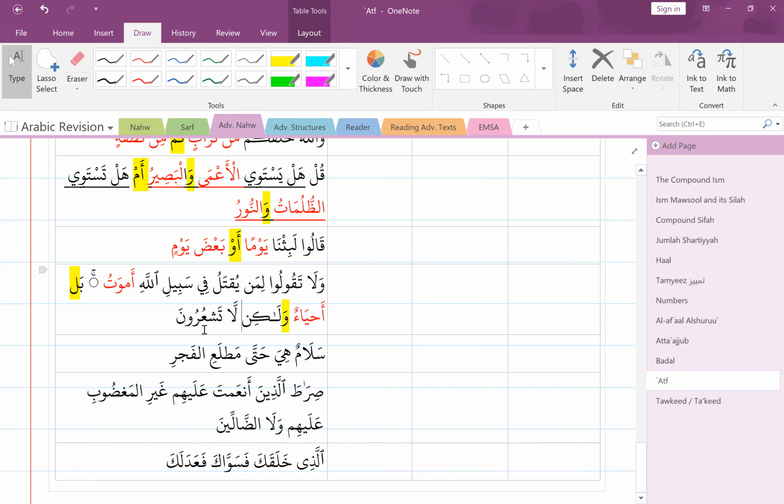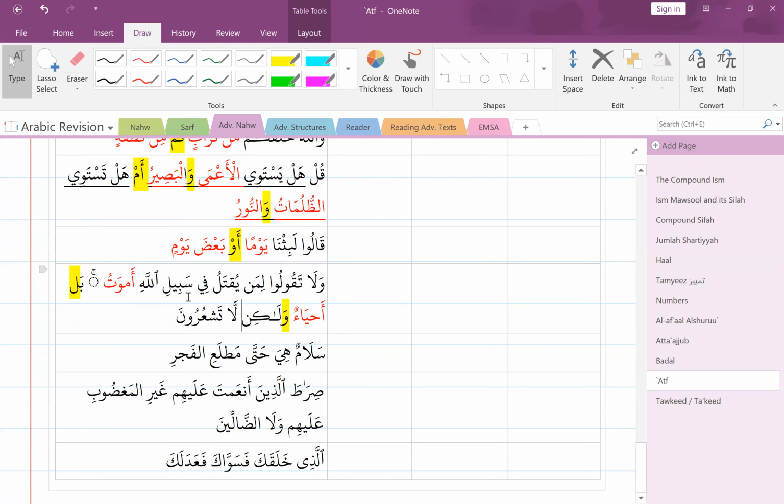Like lakinna is harf nasab, but when you just have lakin, it's not making the isim nasab. So they will say it's غير عاملة. It doesn't have a job. Probably you will come across something like that. I hope that's clearer. Sorry, I confused you guys there. Question? Yes.